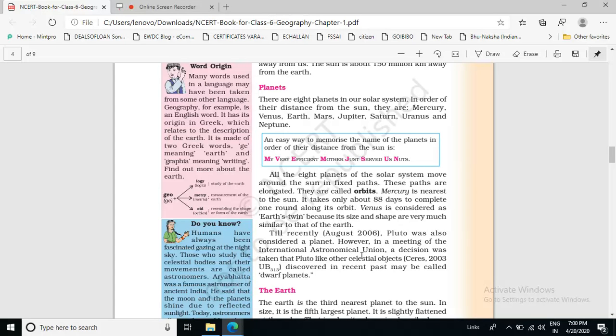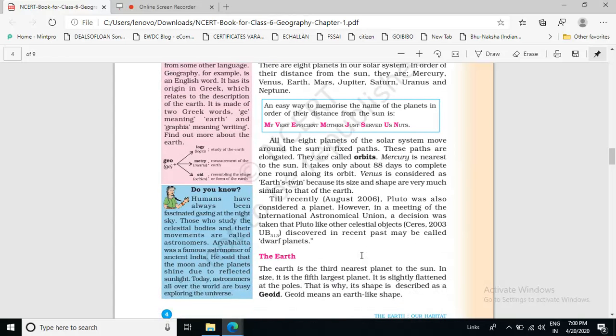So, Pluto has been excluded from the category of planets. So, now there are only 8 planets. Okay, Pluto was considered a planet, but in August 2006, it was excluded from the list of planets. Okay, and now it is called a dwarf planet.